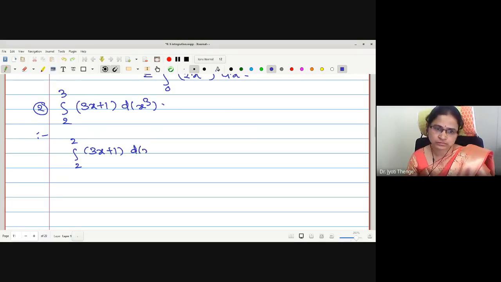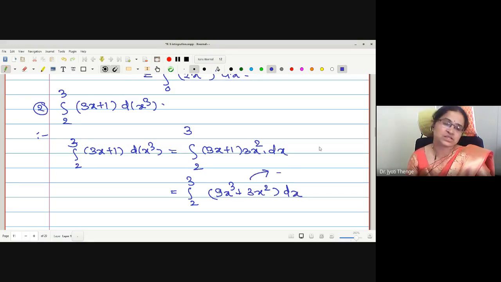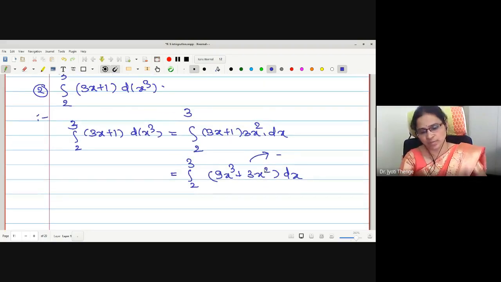Original problem, let me write: the integral from 2 to 3 of (3x plus 1) into 3x square dx. Therefore, what is my new integrand? If I multiply by 3x square, this is 9x cube plus 3x square dx. This is our new integrand, and just go on solving by the Riemann sum or Darboux sum method.